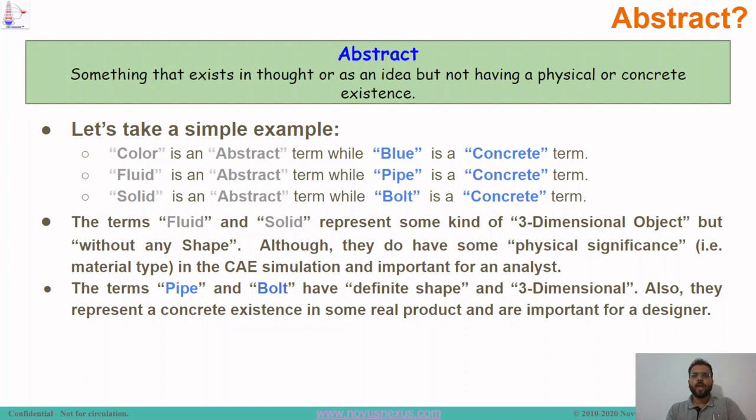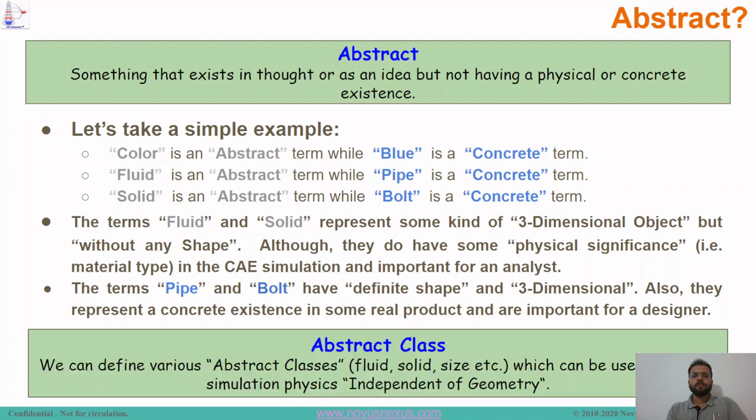Although they do have some physical significance, that is material type in CAE simulation, and are important for analysts. The terms pipe and bolt have definite shape and are three-dimensional. Also, they represent a concrete existence in some real product and are important for the designer.